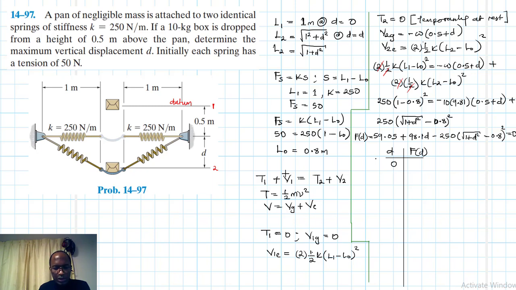Plus 98.1 times D minus 215, open bracket, square root of 1 plus D squared, minus 0.8, close, then squared, right?